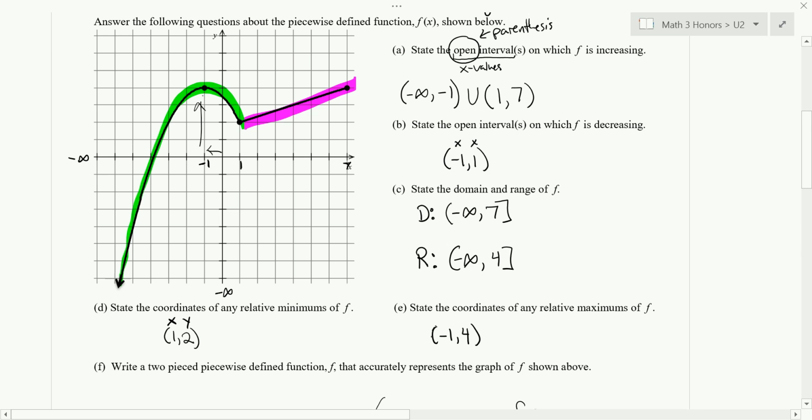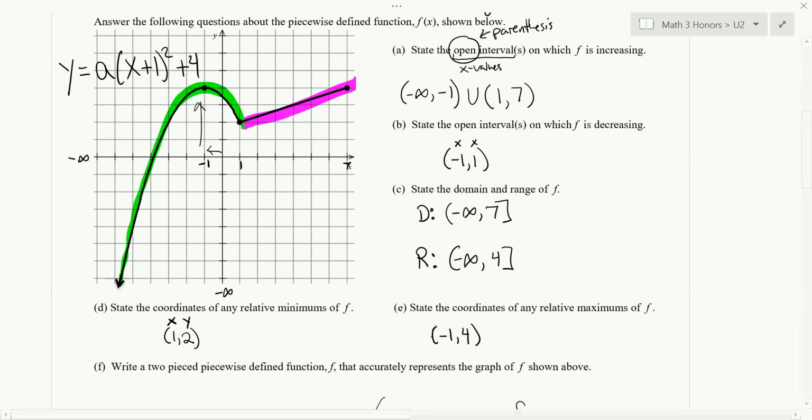Actually, sorry, up 4 units from 0, 0, because that's where our vertex is. And so we know it's going to be in the form y equals a times x, moving left 1, so we put +1 squared, up 4. So it's in that form, but we need to figure out what a is.